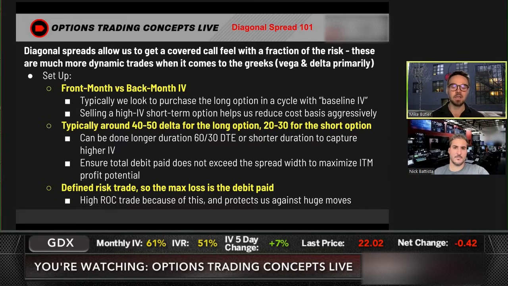But ultimately, we want to look at purchasing the long option in a cycle that has baseline IV. So when we say baseline IV, we really mean a low implied volatility number, preferably in the 30s or 40s for an equity. 20s, that's great too, but you're probably going to see the 20s more for ETFs.